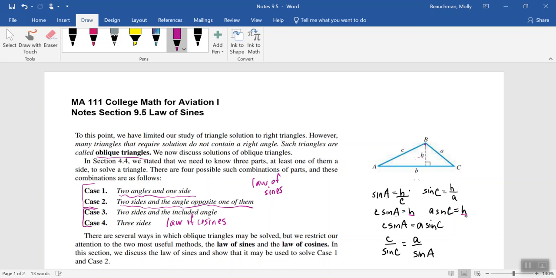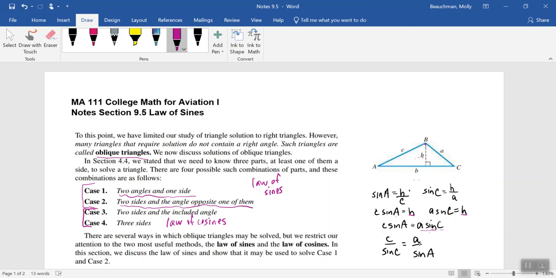Since height equals both of these expressions, we can set them equal to each other. I have c times the sine of A equals a times the sine of C. If I divide both sides by the sine of C and the sine of A, I get the relationship that c divided by the sine of C is equal to a divided by the sine of A, expressed in just the side lengths and angles of the original triangle.